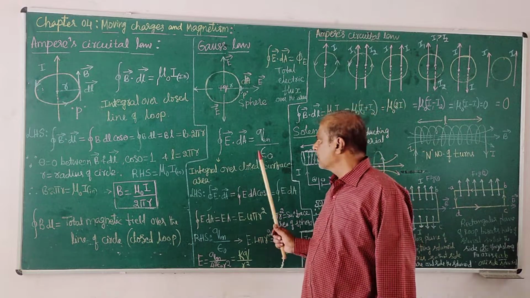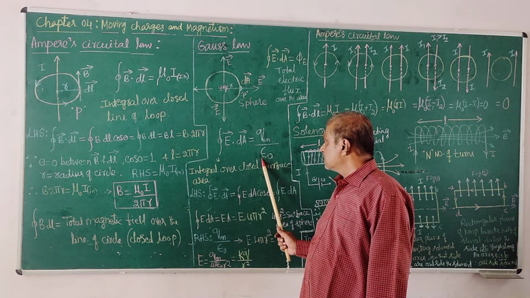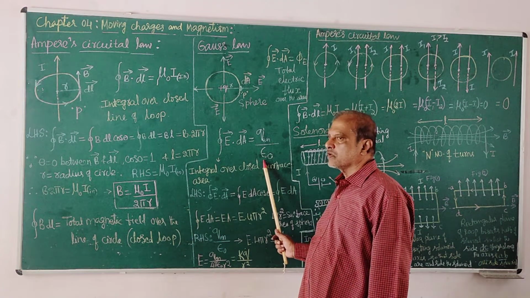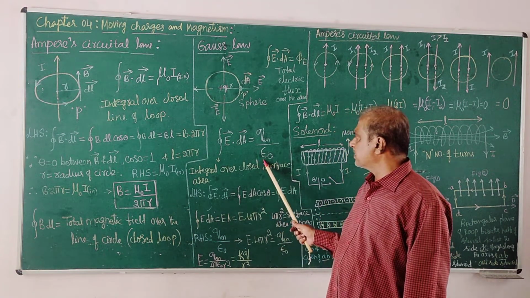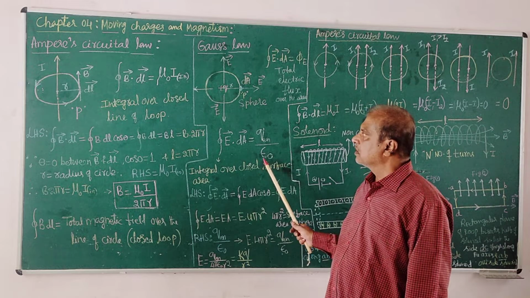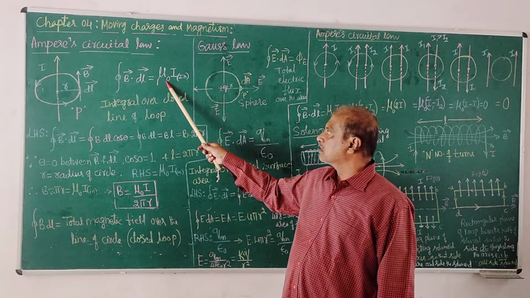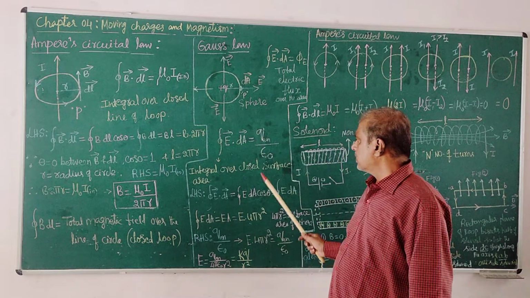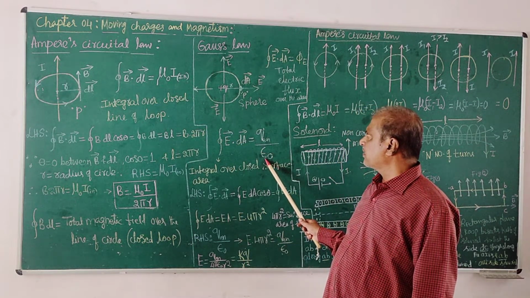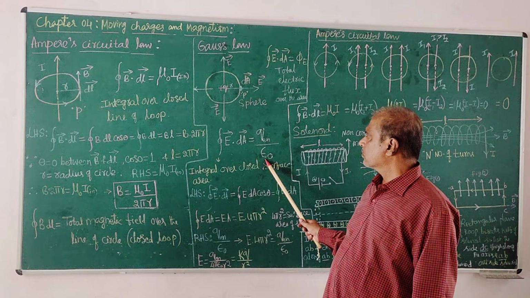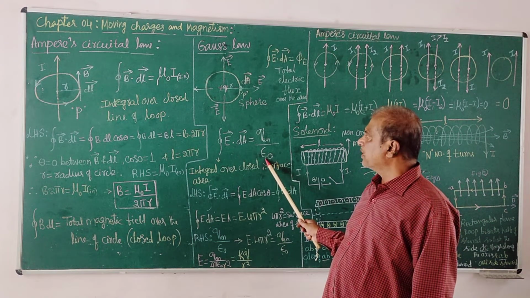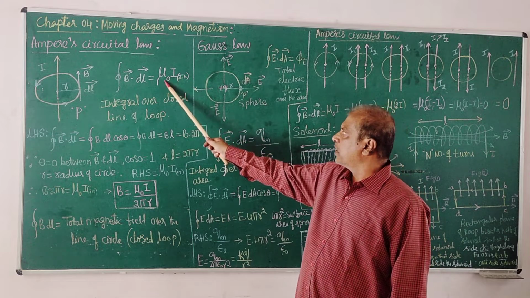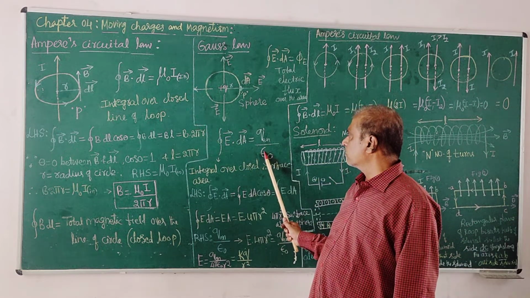What is epsilon naught? Epsilon naught is a constant for electrical, the permittivity of free space, the electrical constant, while the magnetic constant is the magnetic permeability. The difference, as I told you, is that it comes in the denominator.